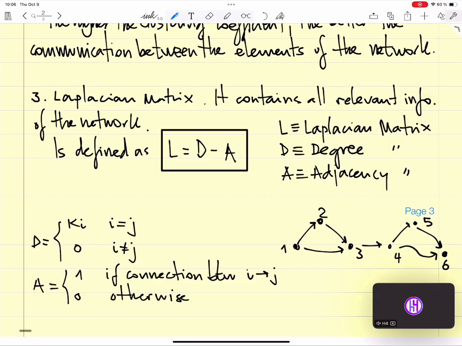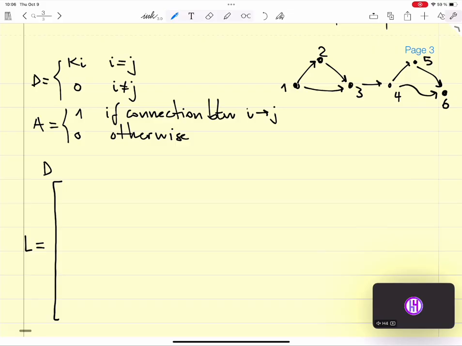So you can say, oh my God, again math. No, it's super easy. Just look at the example. It's very, very simple. The Laplacian matrix is the degree matrix. I have 6 nodes, so how many neighbors does node 1 have? 2 neighbors, right? And the rest are zeros. So zeros off the diagonal.